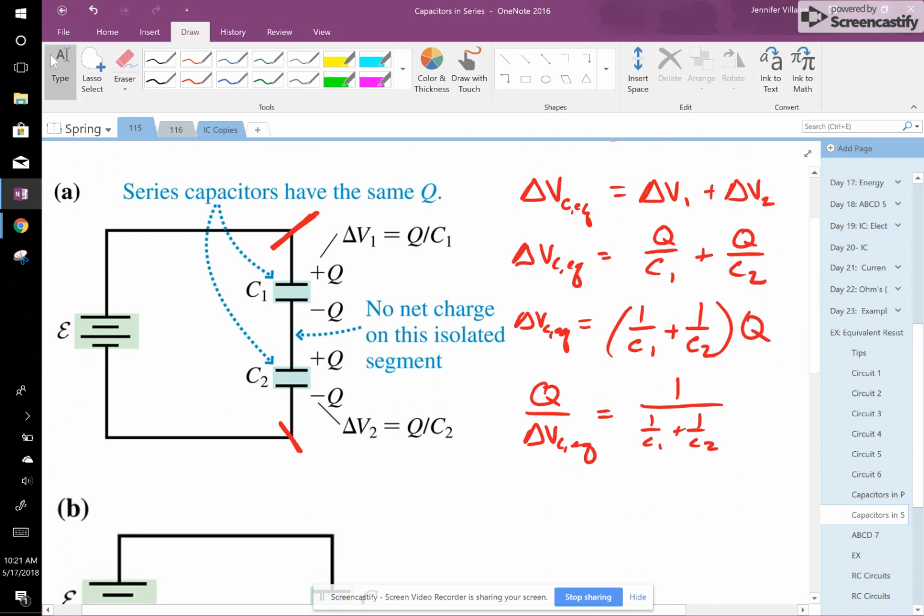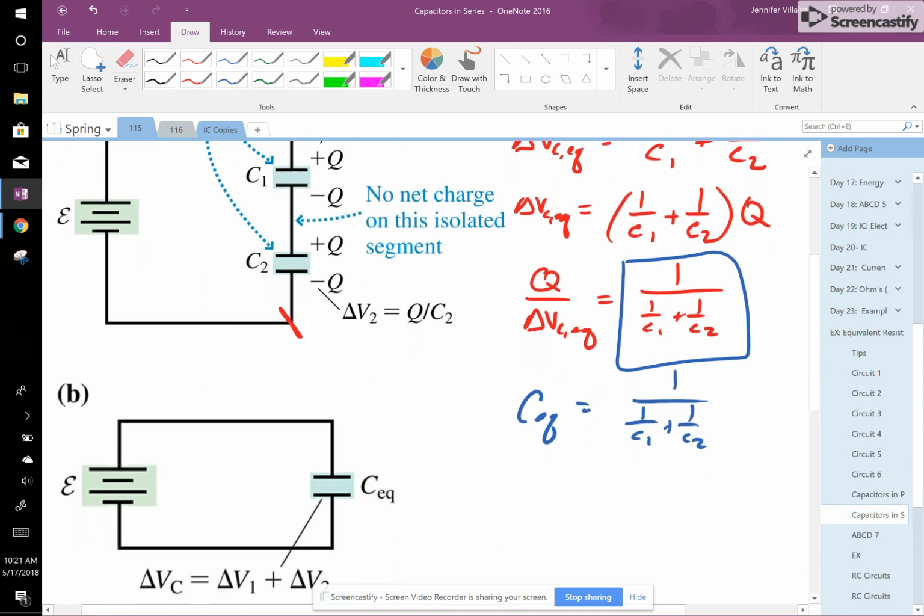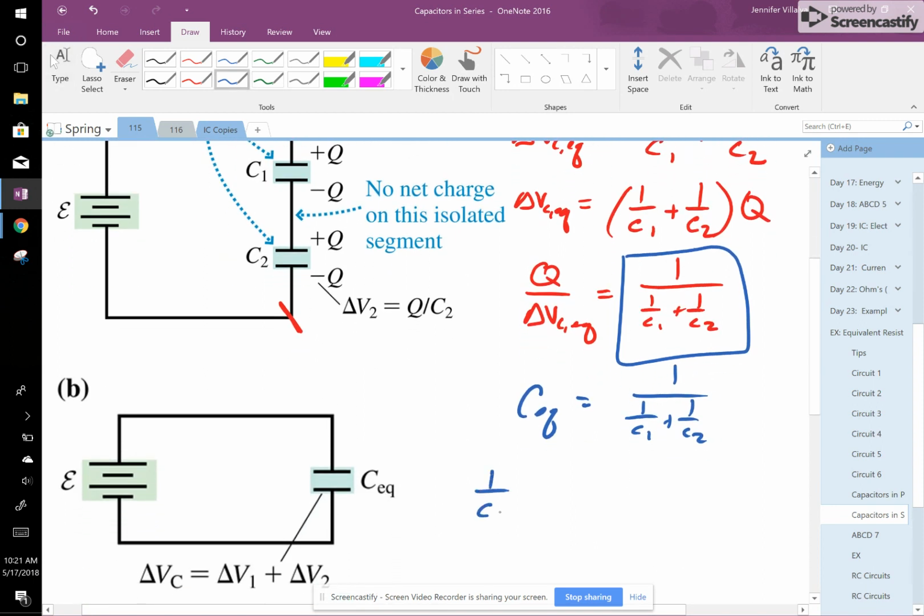And so this whole expression here is my equivalent capacitance. So we would typically write this as 1 over C1 plus 1 over C2 equals 1 over C equivalent.